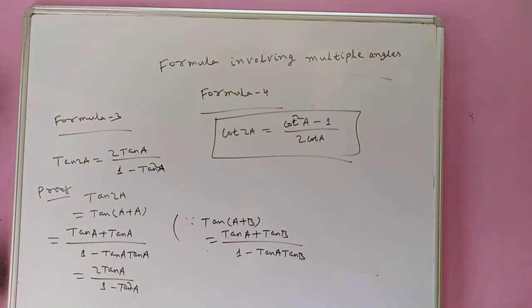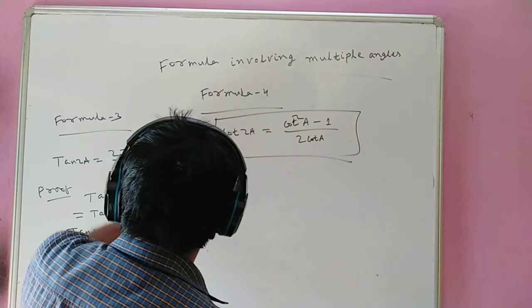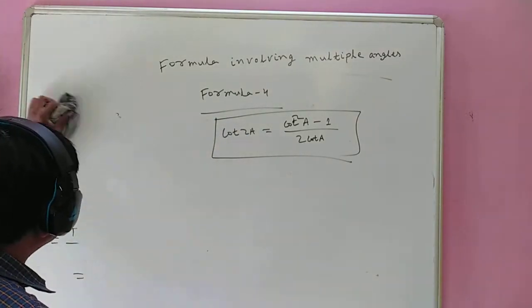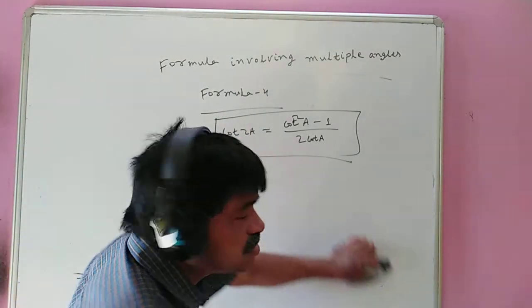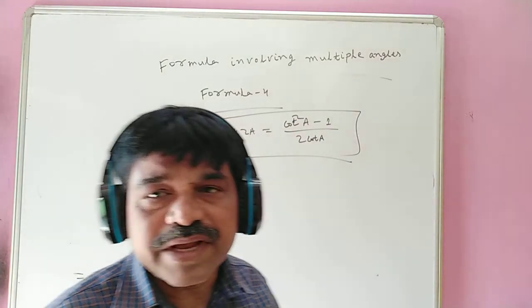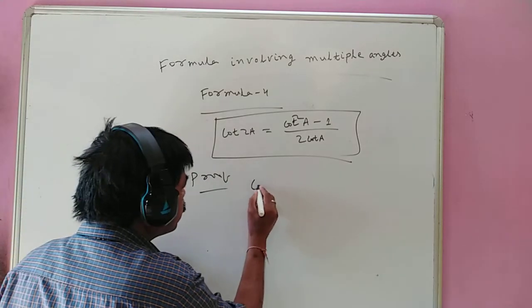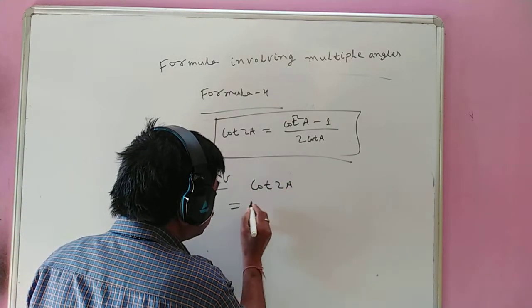Now cot 2A you can write as cot of A plus A, which takes the shape of cot(A plus B). You know cot(A plus B) is cot A into cot B minus 1 by cot B plus cot A.